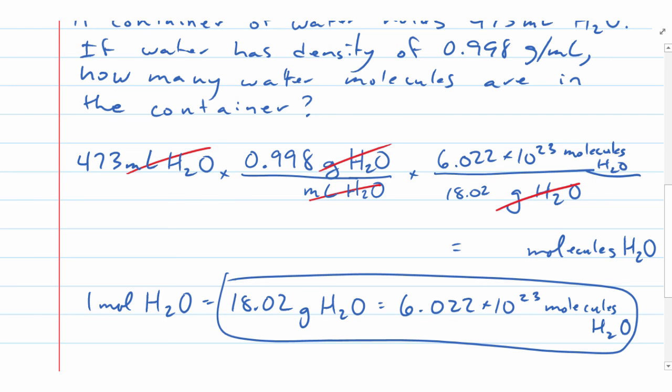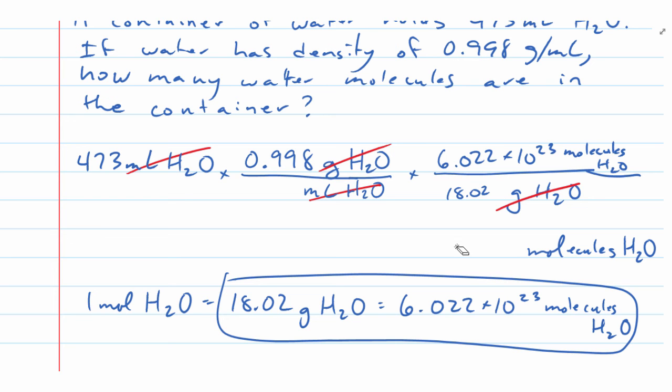At this point, grams of H2O cancel out. And then we need to run this through our calculators. We'll take 473, multiply it by 0.998, then times Avogadro's number. Remember how to put Avogadro's number into your calculator: 6.022 and then hit the EE or the EXP button, 23, and then we divide that by 18.02.